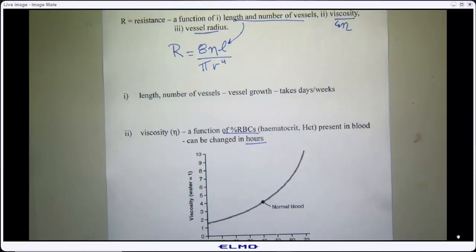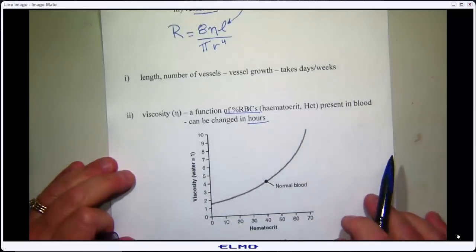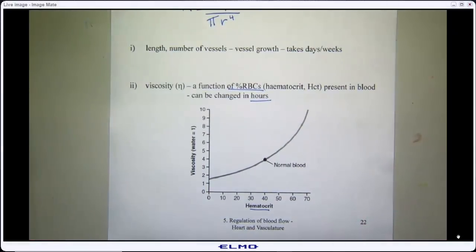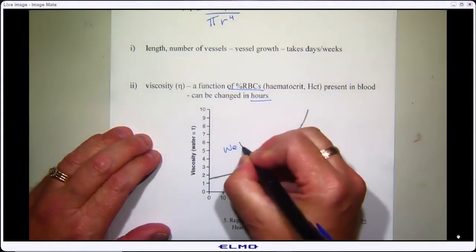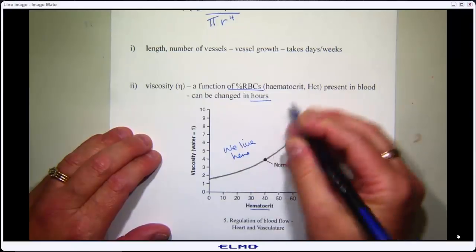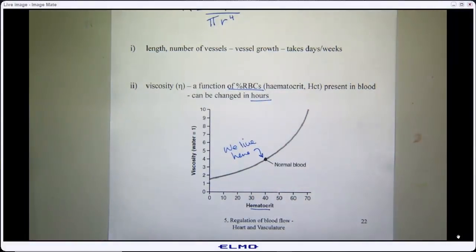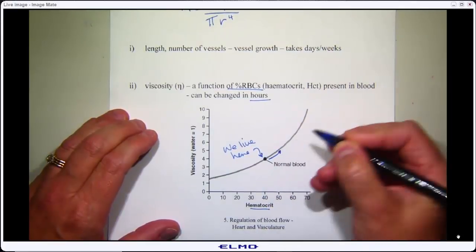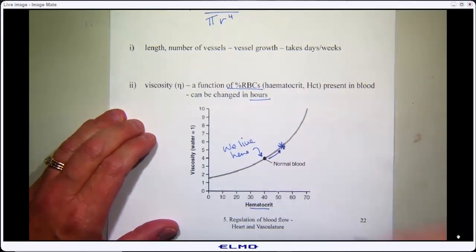We call that hematocrit. Okay, so here's a scale of hematocrits versus the viscosity compared to water. We live here. And you in particular at sea level live here with a hematocrit of around 40 to 43, 45. You can provoke humans to get a higher hematocrit, right?